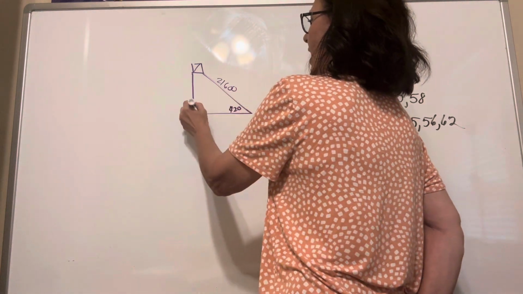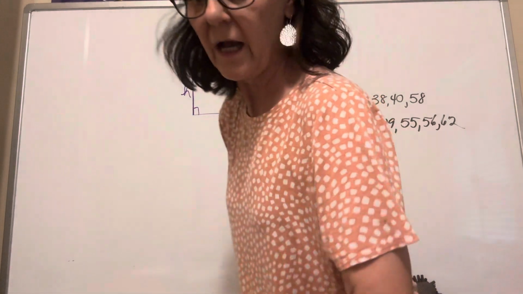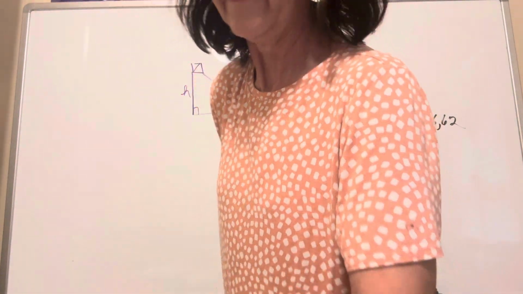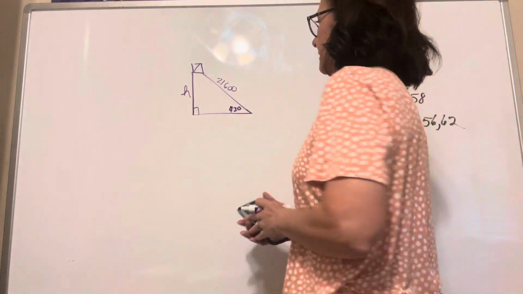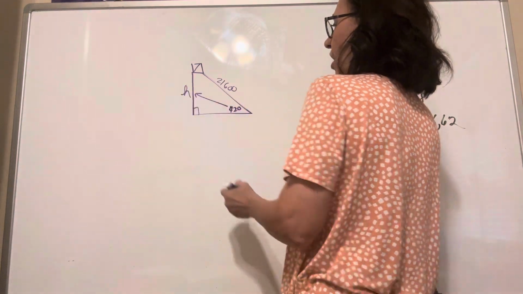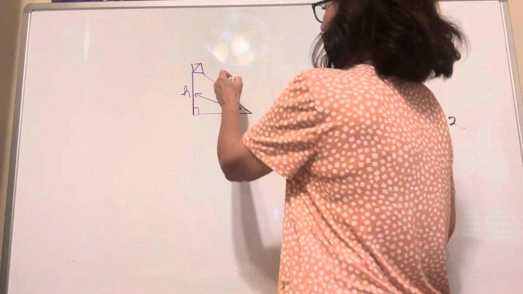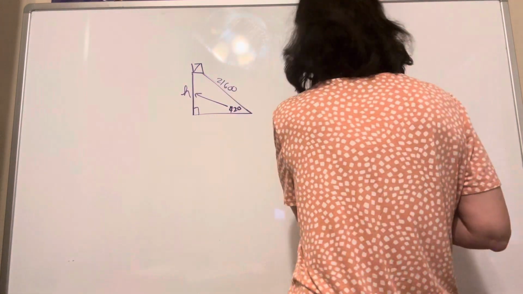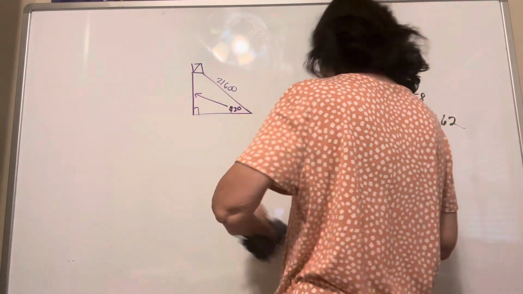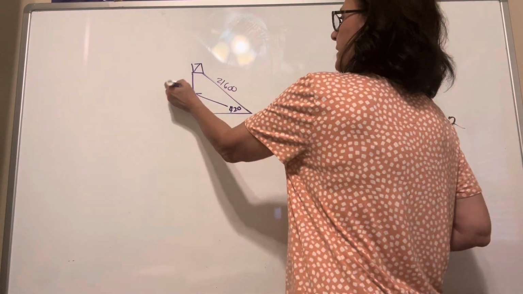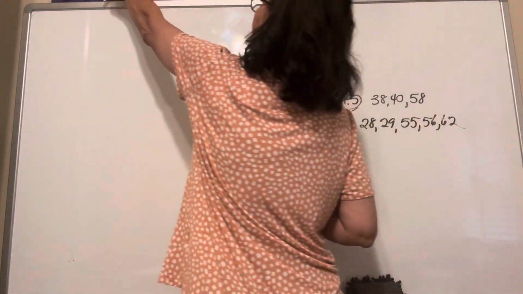How high was the kite above the ground? So we have opposite over hypotenuse. I wrote an H, but it's the opposite. Opposite over hypotenuse.